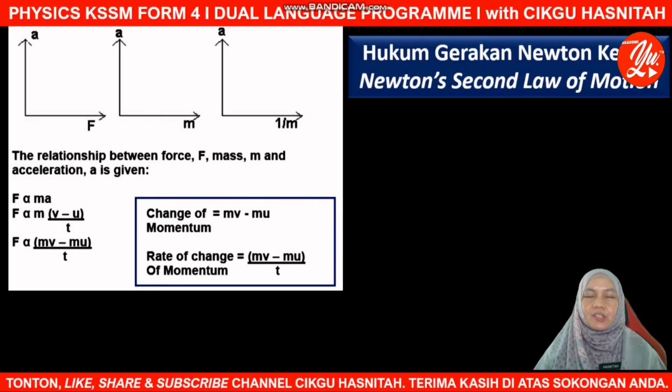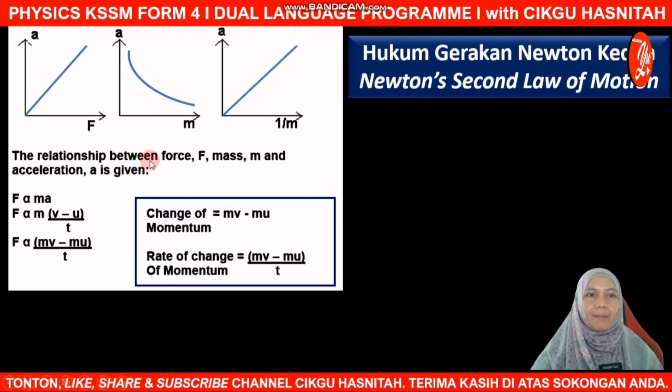Okay, students, so from the two experiments we have conducted, we can conclude number 1, the acceleration of an object is directly proportional to the force applied to it. Second, the acceleration of an object is inversely proportional to its mass, where the relationship between F, m, and a is given by this equation, where a can be written in terms of v minus u divided by t.